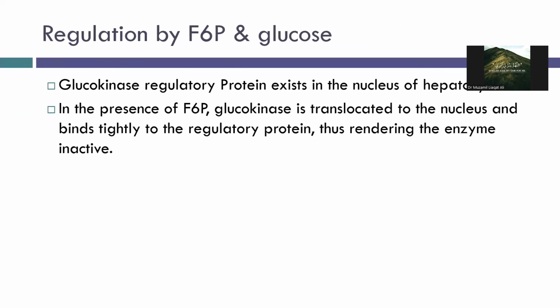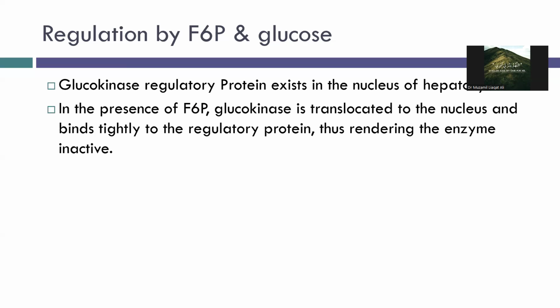So what about the regulation of glucokinase by fructose 6-phosphate and glucose? In hepatocytes, glucokinase is regulated by glucokinase regulatory protein, that is GKRP, located in the nucleus. In the presence of fructose 6-phosphate, F6P, glucokinase binds tightly to the glucokinase regulatory protein and is sequestered in the nucleus, and that leads to the enzyme being inactive in this condition.